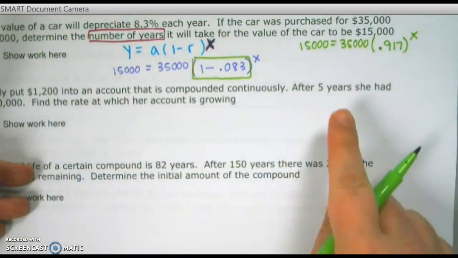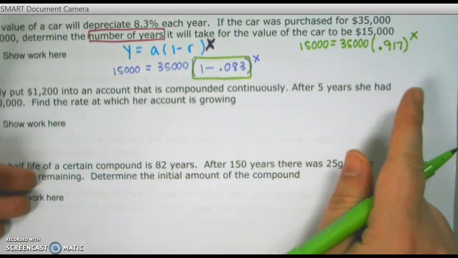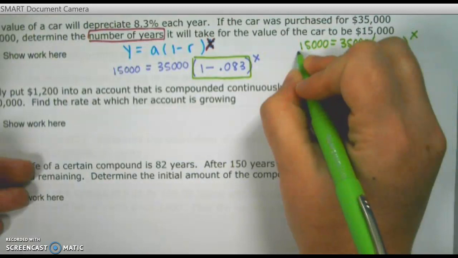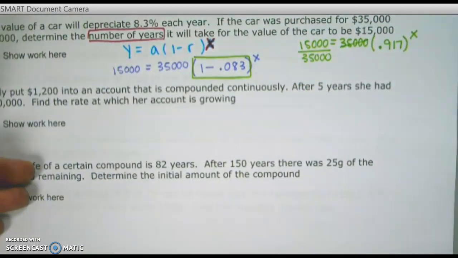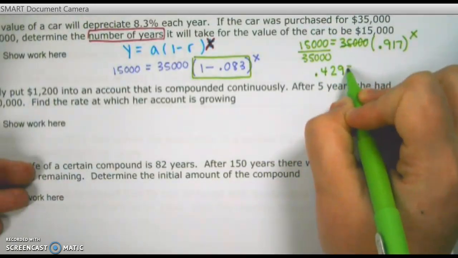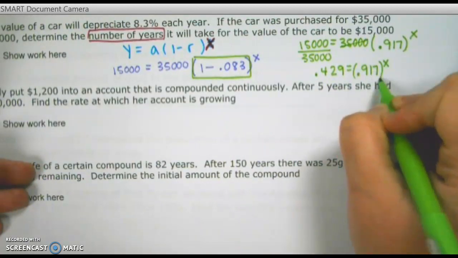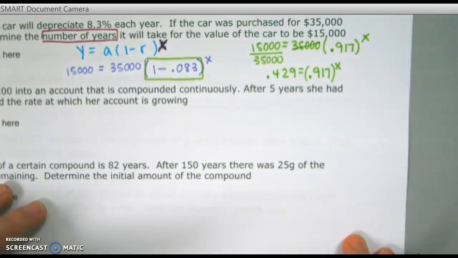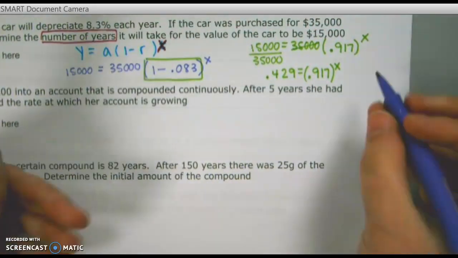All right, so this initial value is always going to be multiplied to the rest of your formula, so the opposite is to divide. So I need to do 15,000 divided by 35,000. All right, so now at this point, I have a base and an exponent, which means I have to convert this to a logarithm.